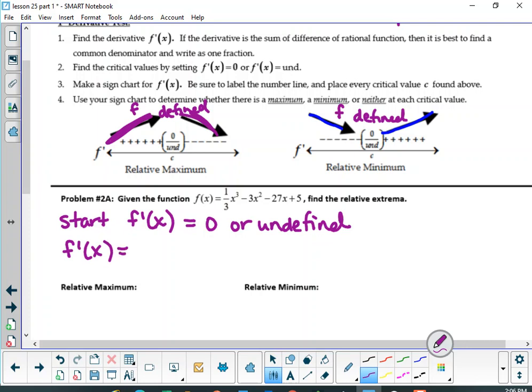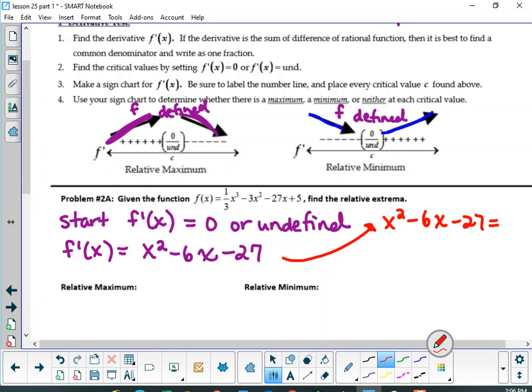So f prime of x in this case would be x squared minus 6x minus 27. A little bit of an easier factoring one than the last one. Honestly, they're not trying to mess with your head in Calc AB and give you impossible things to factor.